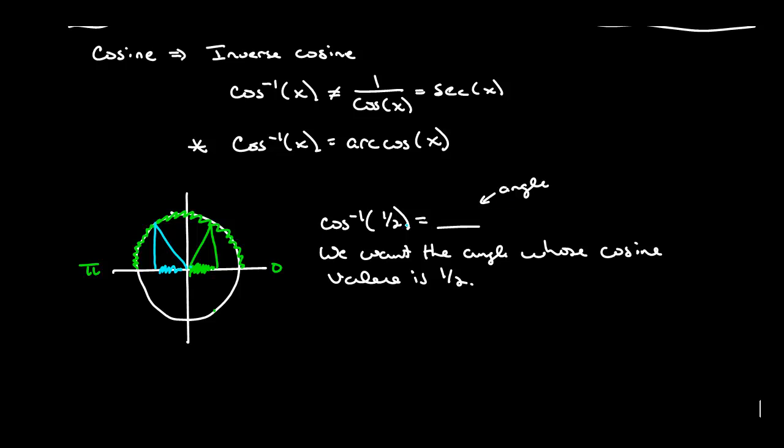Okay, so this answer right here is pi over 3. So the range of arc cosine is restricted between 0 and pi. These are the only possible outputs.